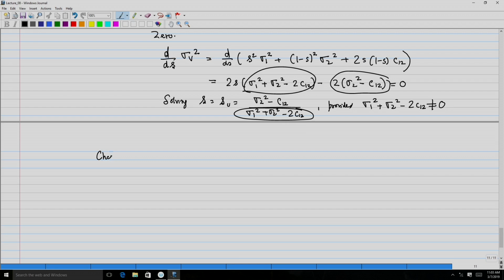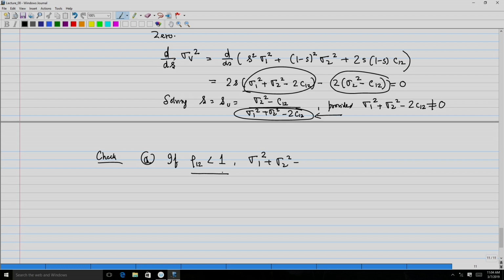So, I just do a quick check. One, if rho 1 2 is strictly less than 1, which was one of the conditions for this particular case. So, let us just examine what is going to happen to the denominator under the situation when rho 1 2 is strictly less than 1, and under the situation when sigma 1 is not equal to sigma 2.